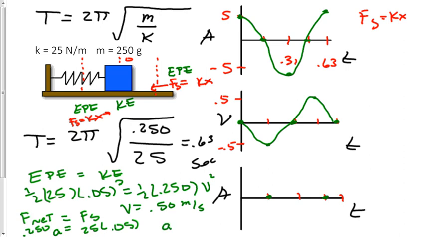So acceleration is going to come out as 5 meters per second squared. Okay, so that means 5 meters per second squared here, 5 meters per second squared here. But when we're here, it's going to be a -5 because we're accelerating this way. When we're at this position here, it'll be a +5 meters per second squared because we'll be accelerating in this opposite direction here. Okay, and that's how it's going to work.